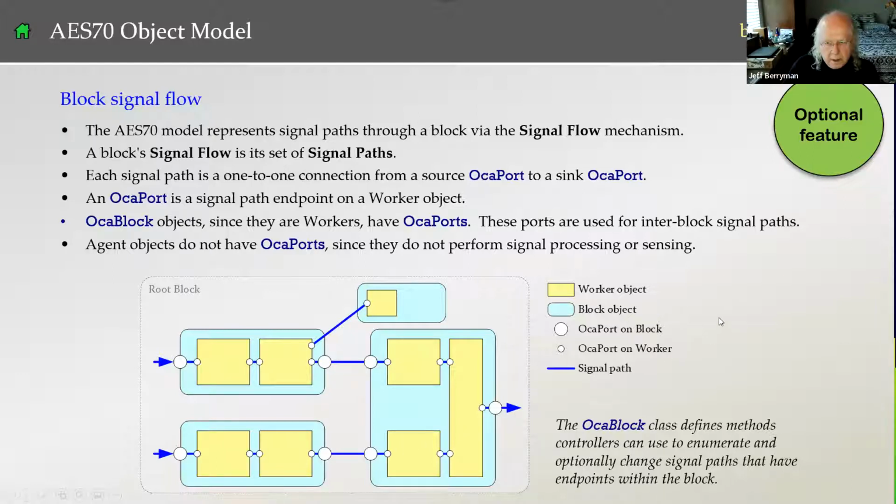So AES70 allows you to define this picture with signal flowing around from here to there. Not all devices will find it necessary to define those blue lines, but they're there. And certainly if you have a dynamic device where the controller can create and destroy these yellow things, then you probably do need to keep track of the signal path, because otherwise you don't know what they do.